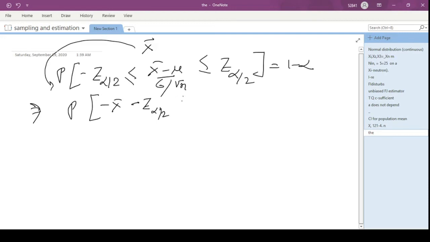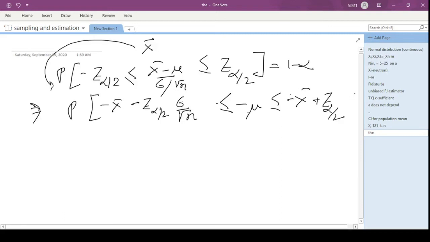sigma by root n is less than equal to minus mu less than equal to minus x bar plus z alpha by 2 sigma by root n.